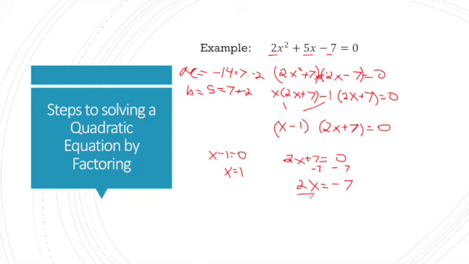Divide both sides by 2. I have x equals negative 7 halves. Then you would need to do step 5, which is going to be check your answers.